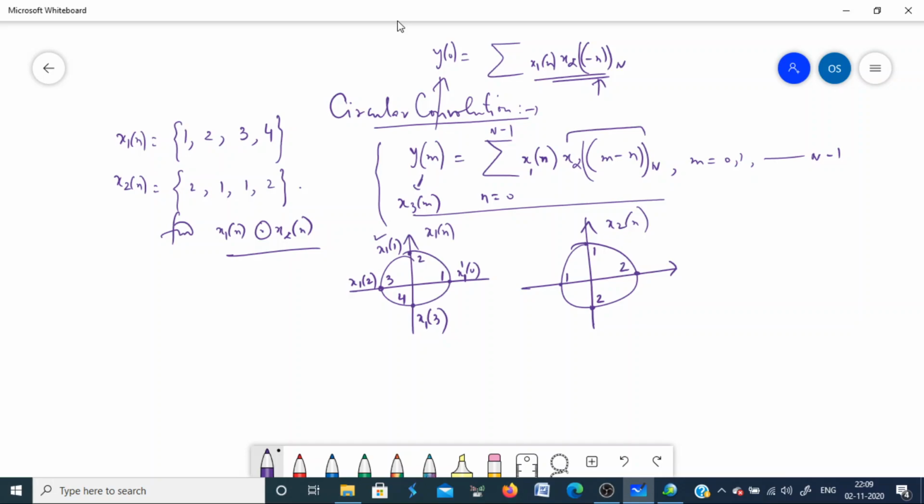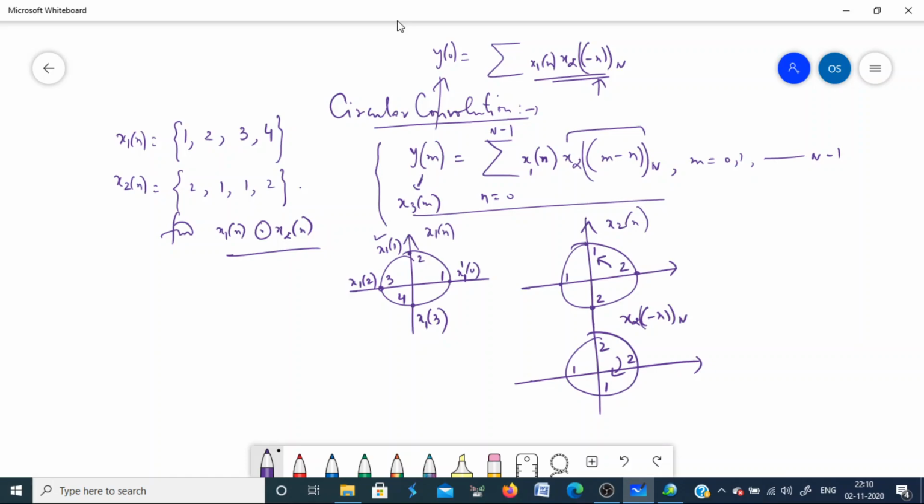So I fold this sequence x2(n) and I get the folded sequence. Initially we have written this sequence in the counterclockwise direction. Now if you fold it, you simply write it in the reverse direction. It means it will be 2, then 1, then 1 and 2.